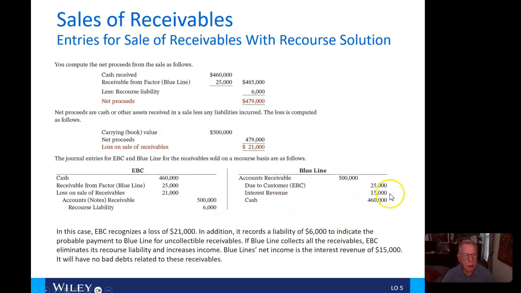And then Blue Line will have 500,000. They don't have any real difference between that and with or without recourse. So Blue Line's net income is the interest revenue of 15,000.